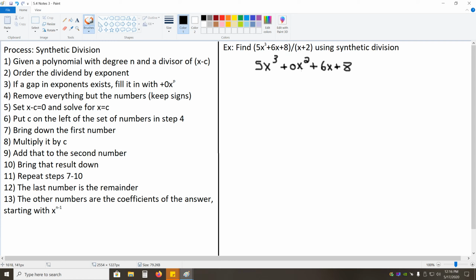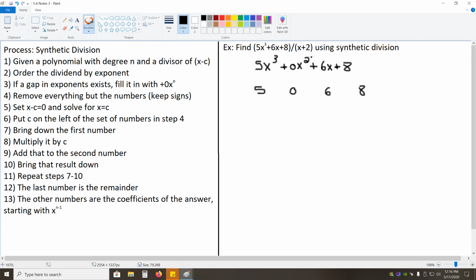And now that we've filled in that 0x squared, we can apply step 4, where we'll remove everything but the numbers and their signs. So we have a 5, a 0, a 6, and an 8. Notice we've removed all the addition symbols and the x's. All we care about is the numbers and if they are negative. So we now have 5, 0, 6, and 8.